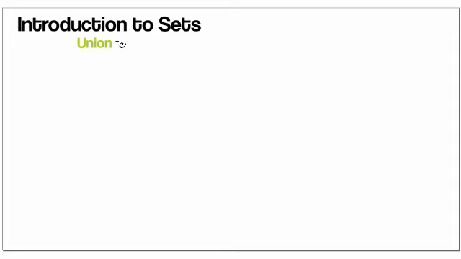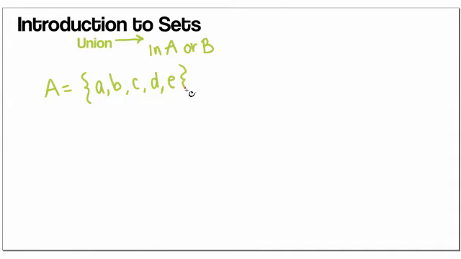Next, we're going to talk about union of two sets. A union is a collection of items where it is in either of two sets, either A or B. So let's look at two sets A and B. We'll look at the set A, B, C, D, and E. And B, we'll look at the set A, E, I, O, and U, the set of vowels again.